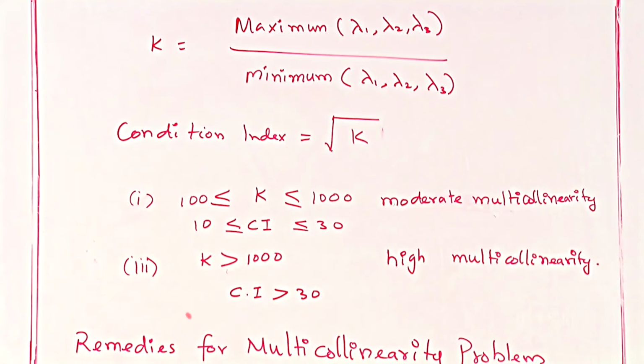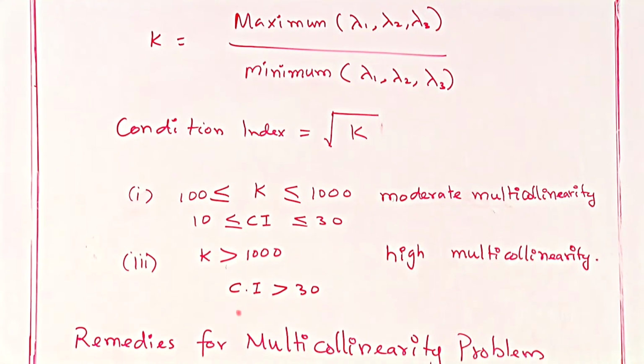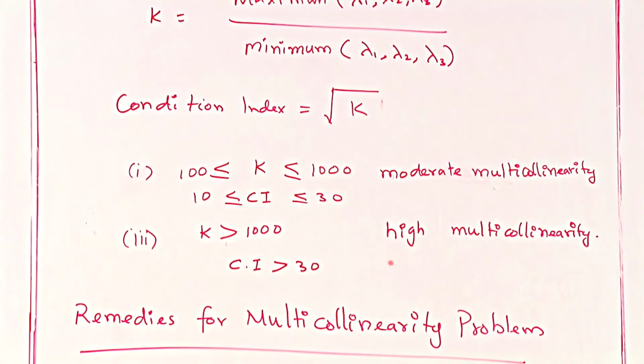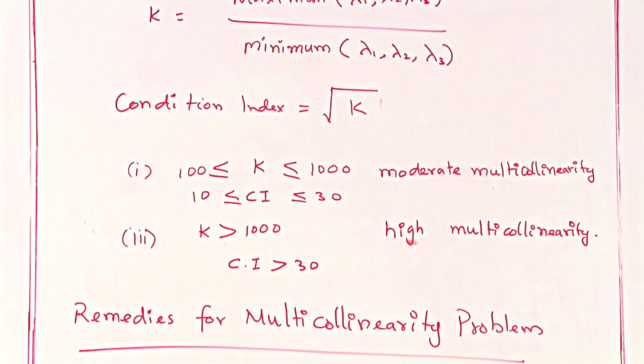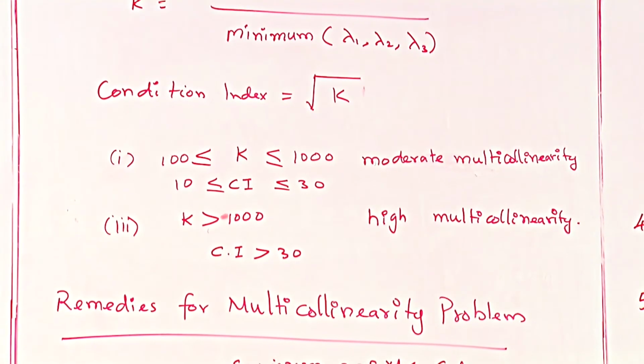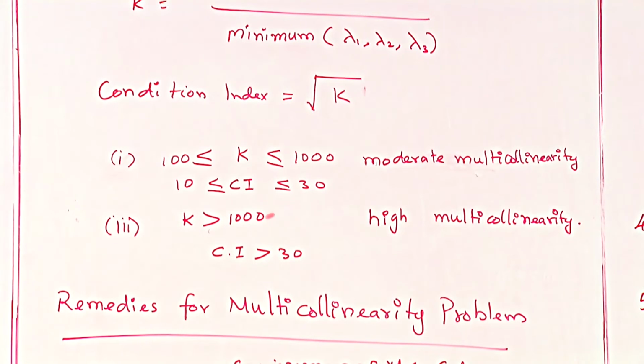If the k is more than 1000 or the condition index is more than 30, we will say there is a high or severe multicollinearity problem. So, this really helps to identify the multicollinearity problem in the regression model.